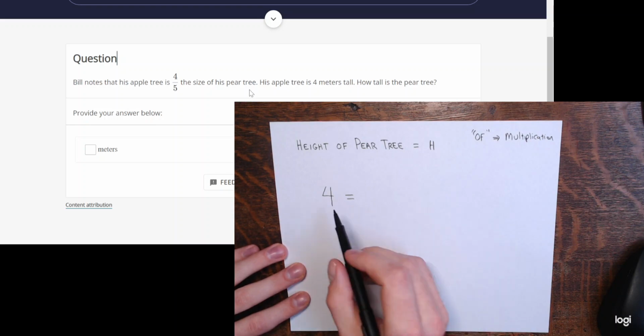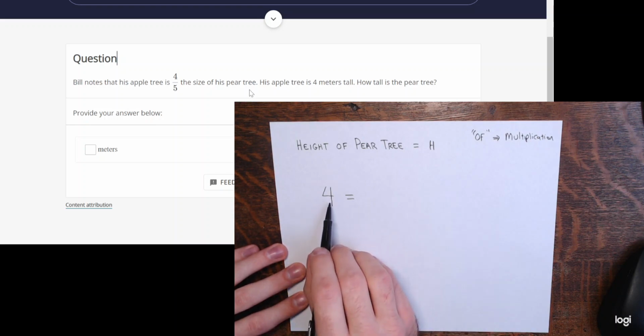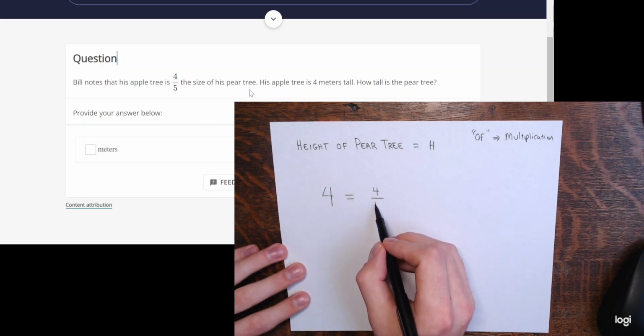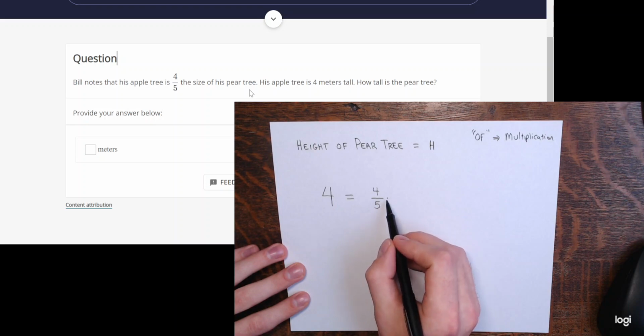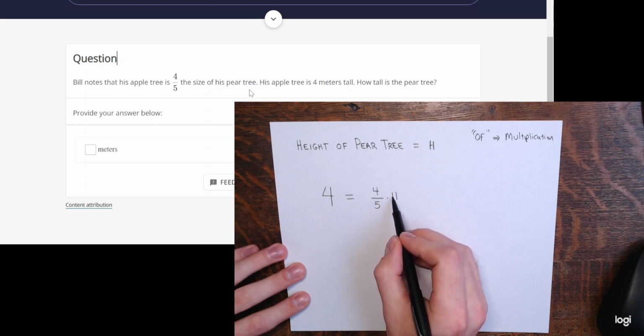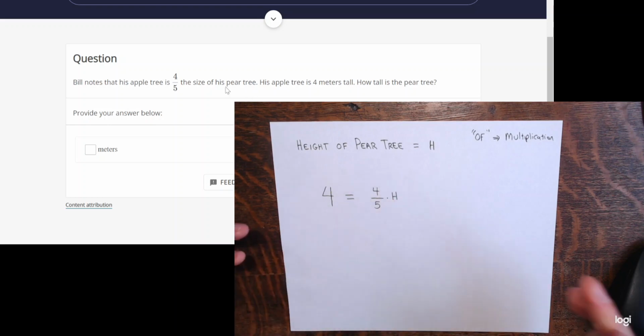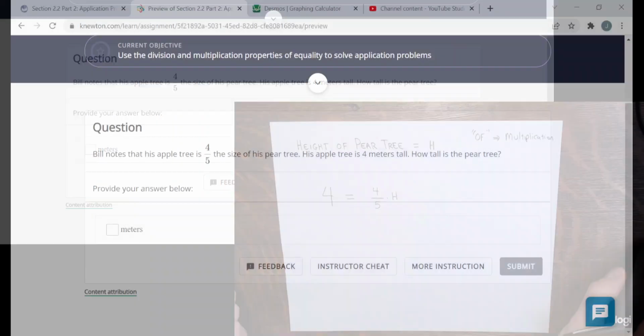So the apple tree, which is 4 meters here, is 4/5 times the height of the pear tree. So 4/5 times H. And then we're solving this equation for H.